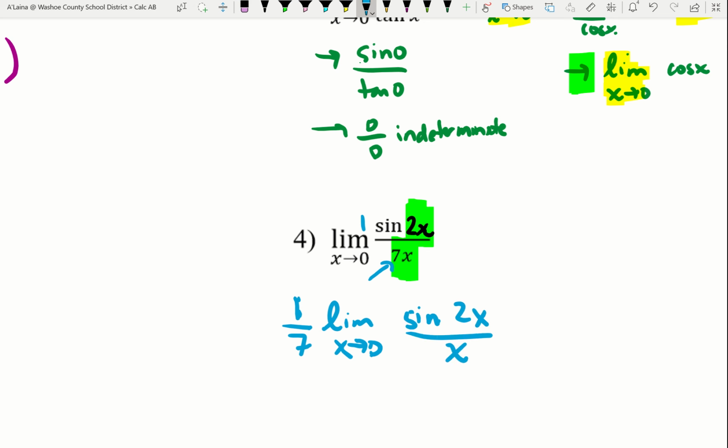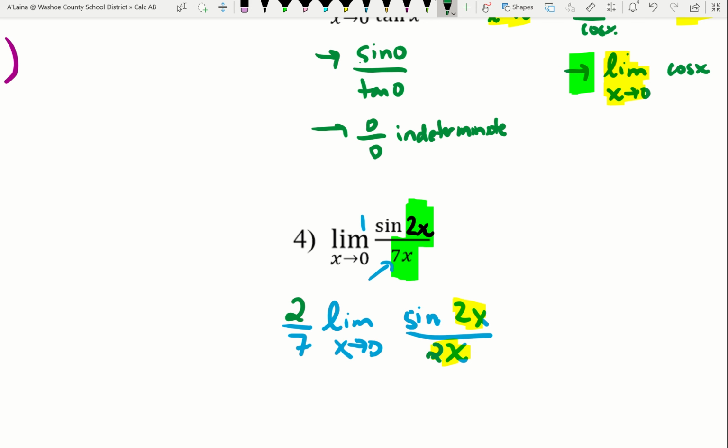That's closer, but again, whatever the argument is, I need the same expression on the denominator. So what I really want is a 2 right here. I just can't randomly multiply by a 2 on the denominator unless I also multiply by a 2 on the numerator.